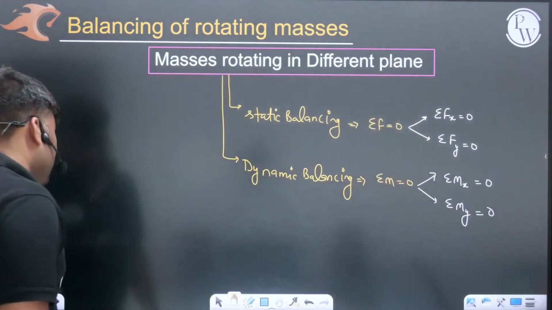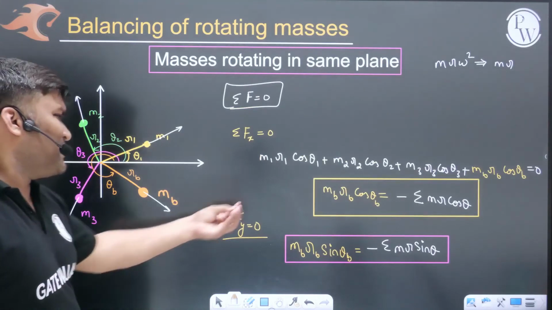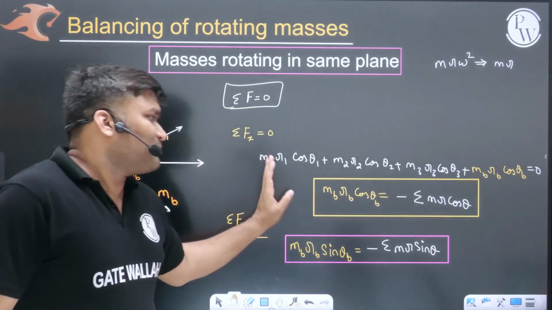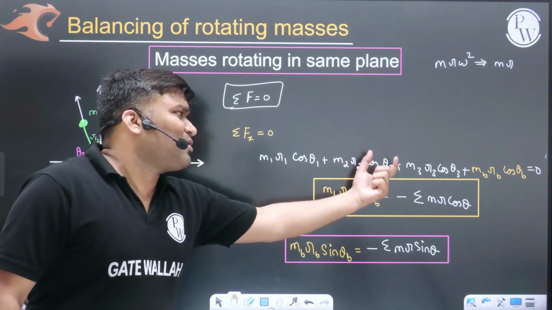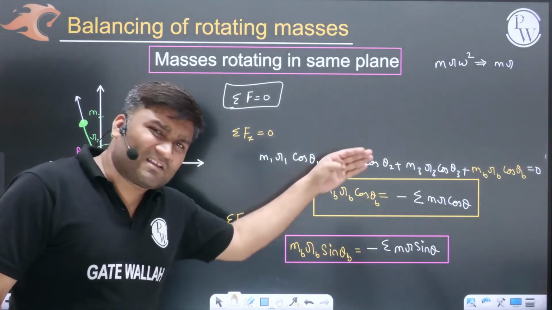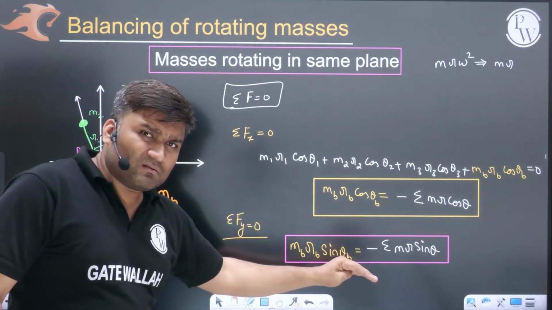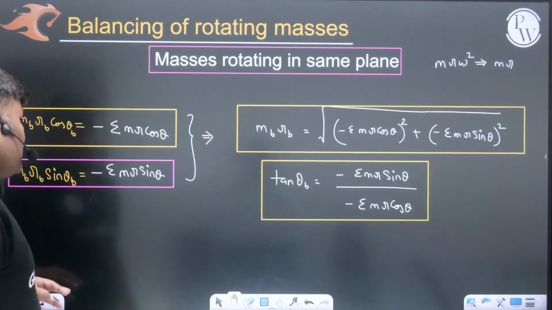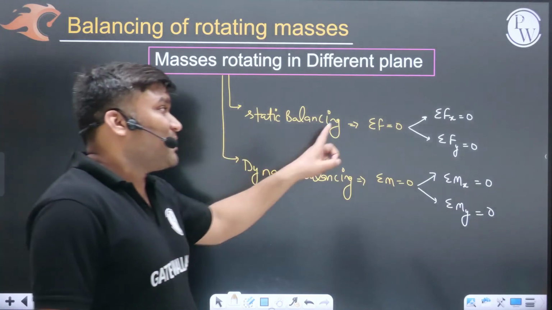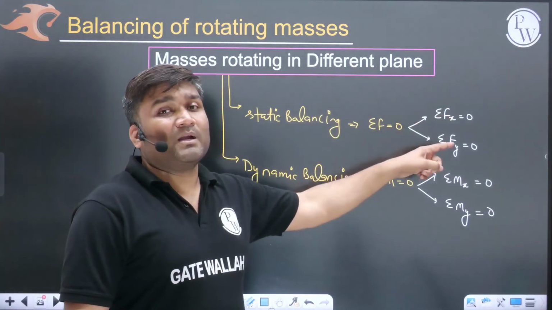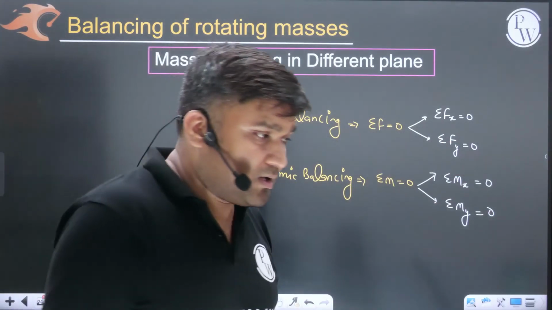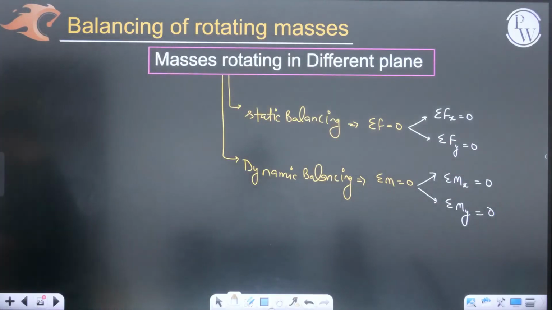Earlier, sir, it was a little bit time consuming. Forces, you calculated forces, x component, y component, cos theta, sin theta, and equated it to 0. Sir, here this process you have to repeat twice. Once for forces, x and y component, and once for moments, x and y component. Getting my point or not? Everybody is clear?